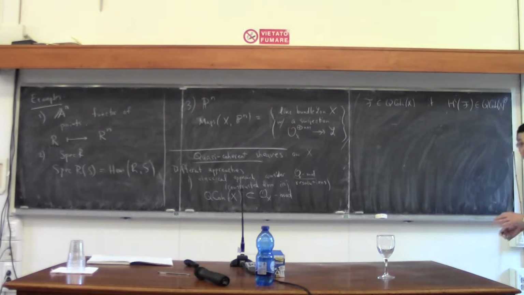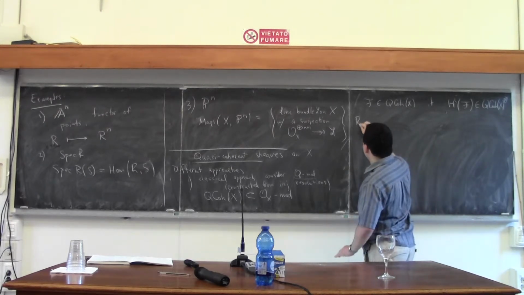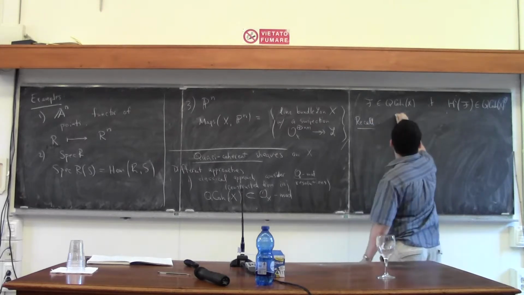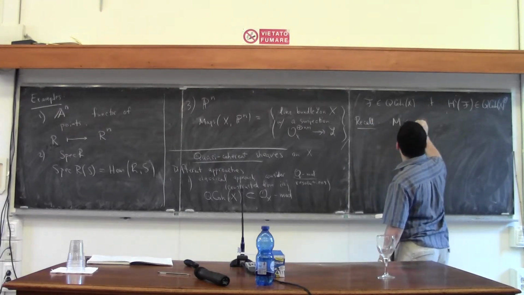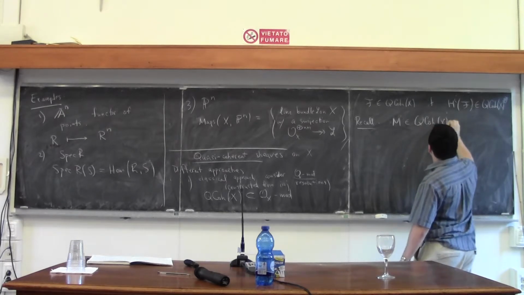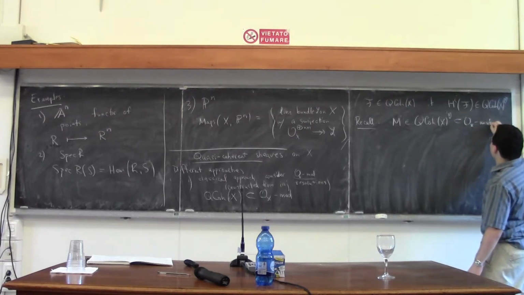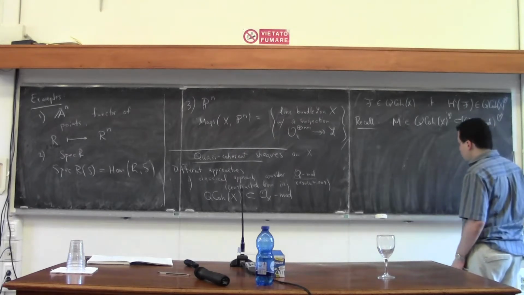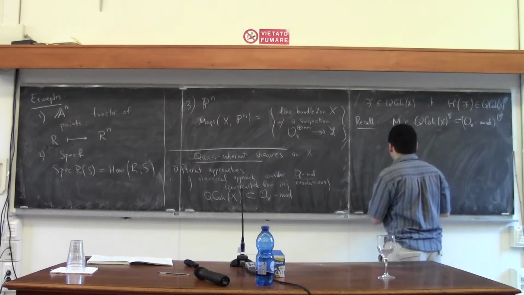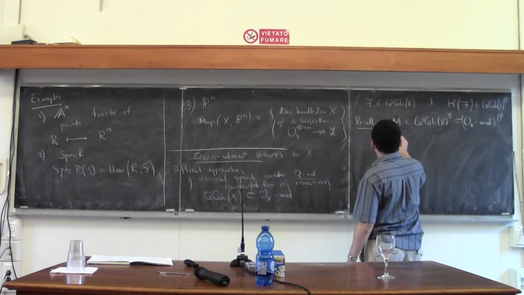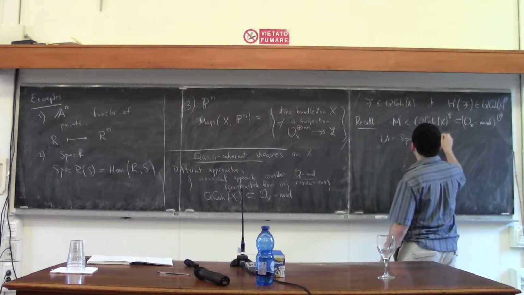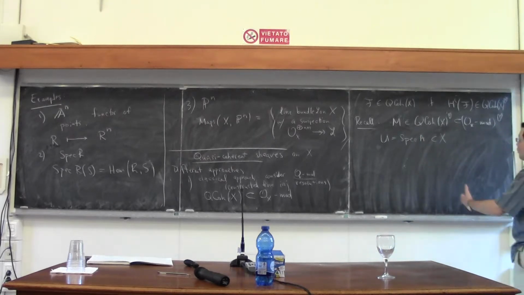Do people know what just a quasi-coherent module over O_X is? Let me remind you. Say M. This is also a subcategory of O_X-mod. It means the following: suppose I have a U which is affine. A general variety has an open cover by affine schemes.